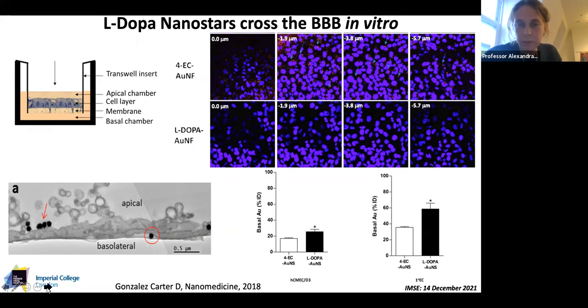And what we found when we compared our L-Dopa nanostars to, this is just a catechol for EC, that's our control, we found significantly more crossing of our L-Dopa nanostars across both cell types, but significantly for the primary endothelial cells. And you can see that the amounts we were getting, 60% or so, was much higher than for the carbon nanotubes. So this looked quite promising.